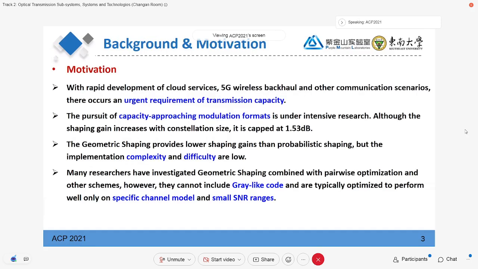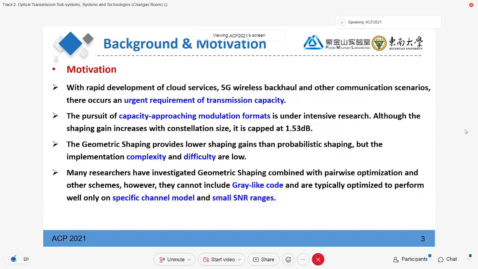With rapid development of cloud services, 5G wireless backhaul, and other communication scenarios, there is an urgent requirement for transmission capacity. The pursuit of capacity-approaching modulation formats is under intensive research. Although the shaping gain increases with constellation size, it is capped at 1.53 dB.